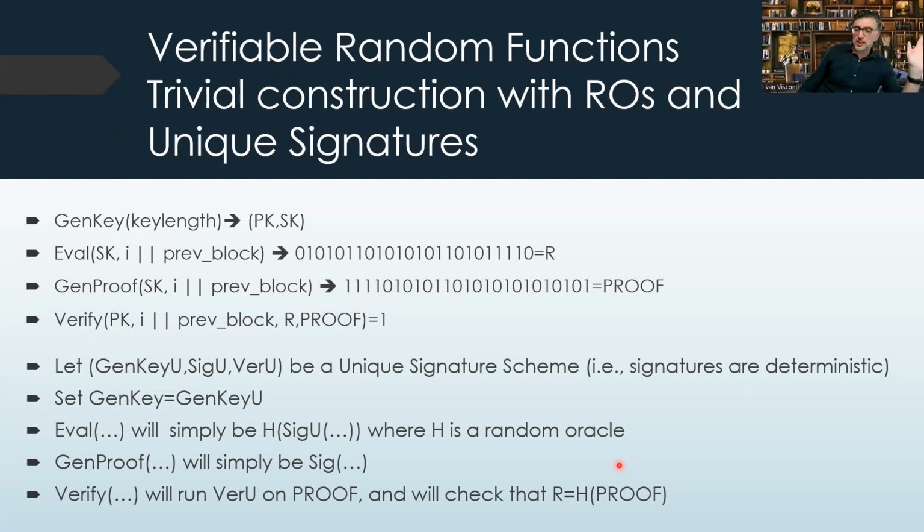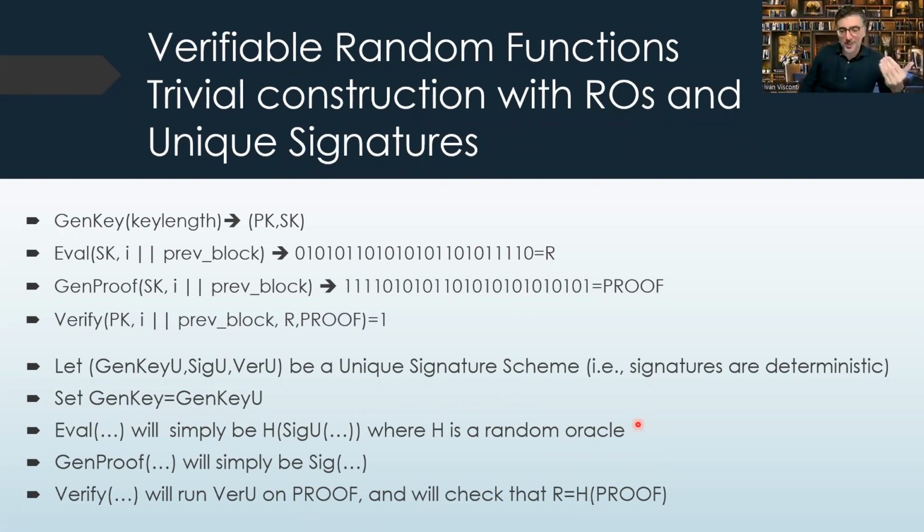These signature schemes existed already, so nobody had to construct them on purpose to realize verifiable random functions. In this framework, I'm using H as a random oracle, and there is no problem doing it because they are used everywhere. The original paper on verifiable random functions by Micali, Rabin and Vadhan actually didn't want to use a random oracle, so their constructions were more complicated, because their target was actually to replace random oracles in applications.